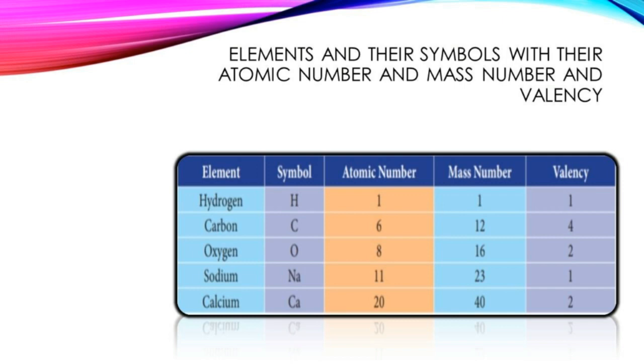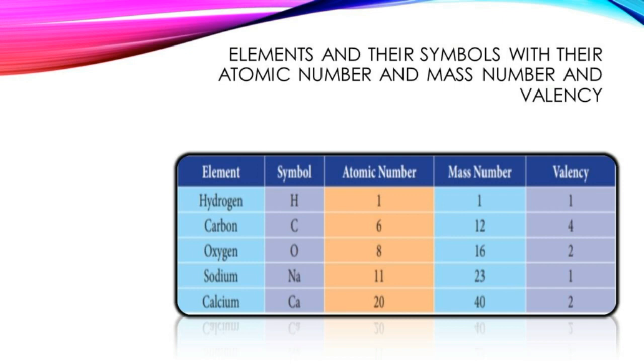Oxygen, the symbol is O, atomic number is 8, mass number is 16 and the valency is 2. Then sodium, the symbol is Na, the atomic number is 11, the mass number is 23 and the valency of sodium is 1.